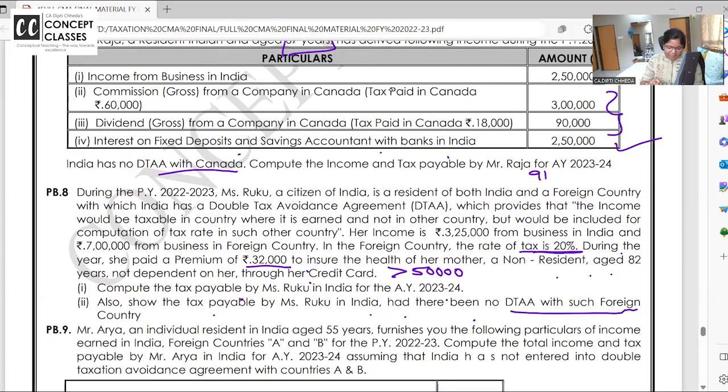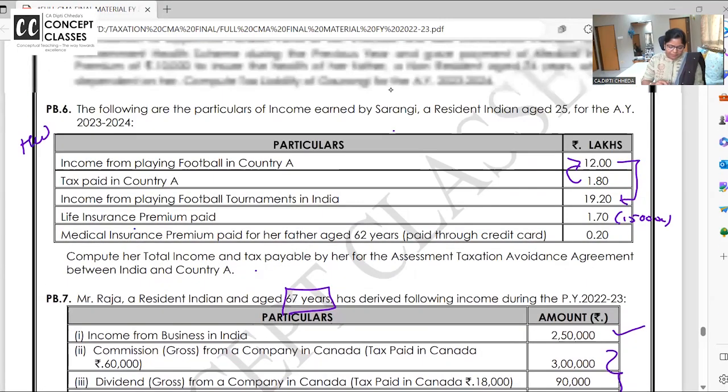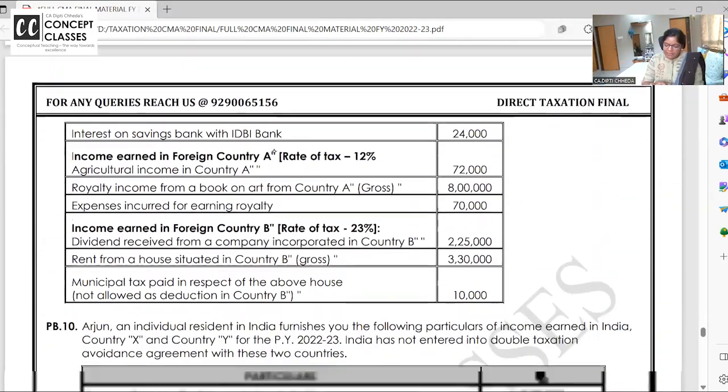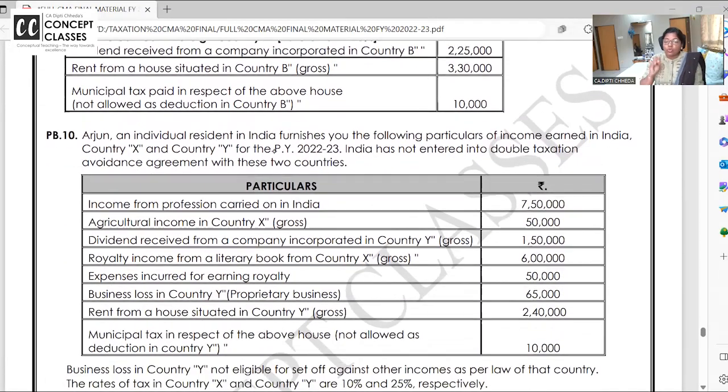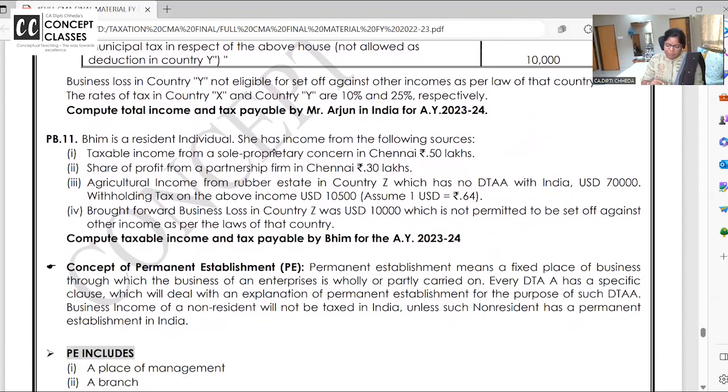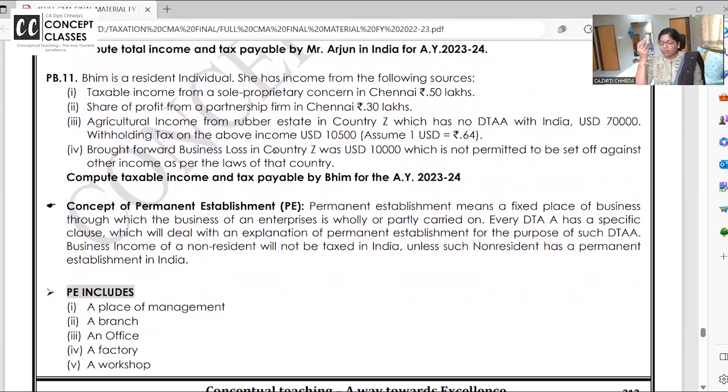Look at the screen. We have done all the problems. Sixth, I gave as homework; I'll just check the answer. Seventh done, eighth done. Nine onwards are when there is relief from two countries, and how will you take it? It's a very nice level of problem. And sometimes foreign income, listen one thing, this topic is very easy.